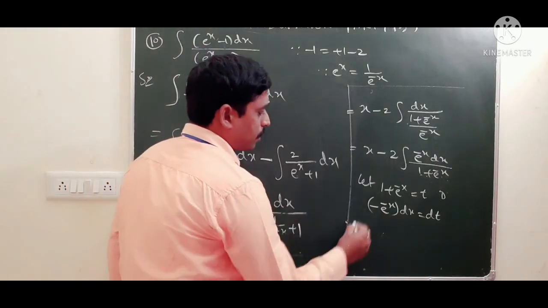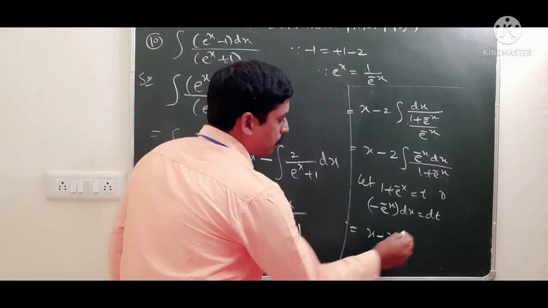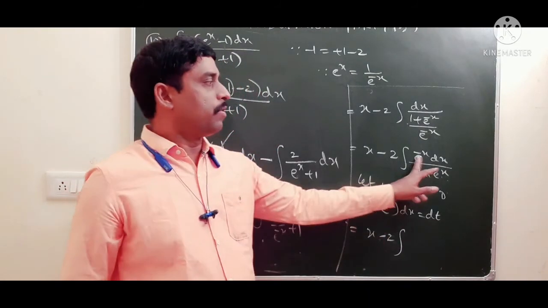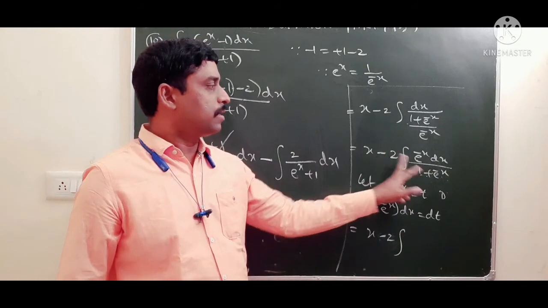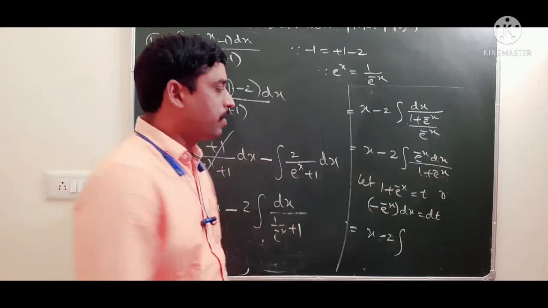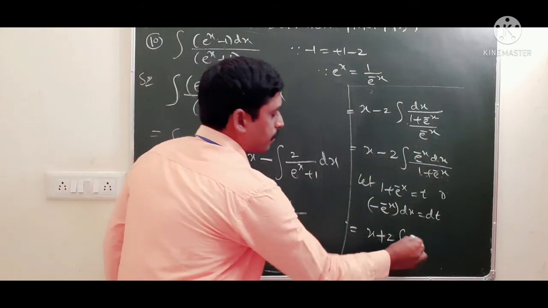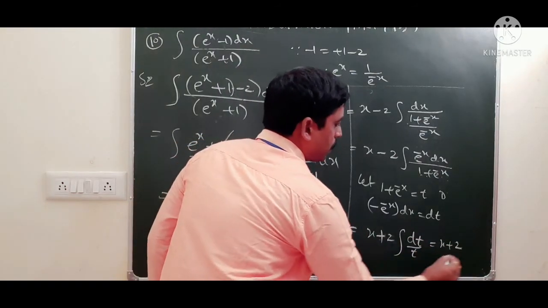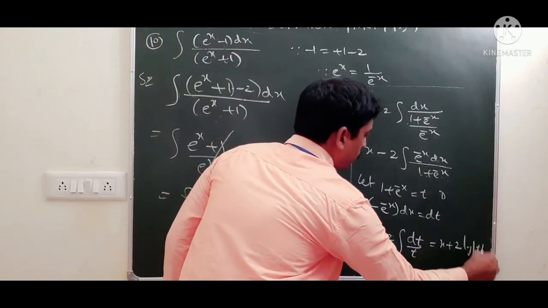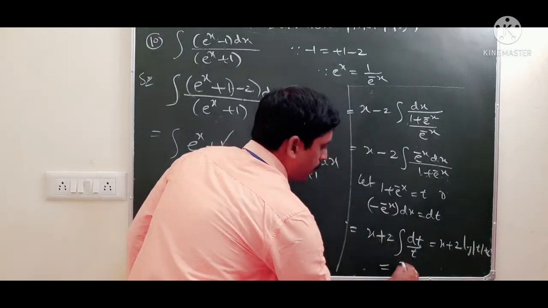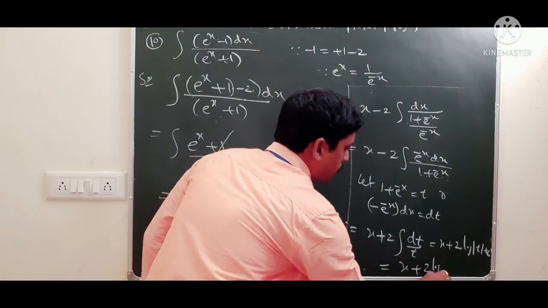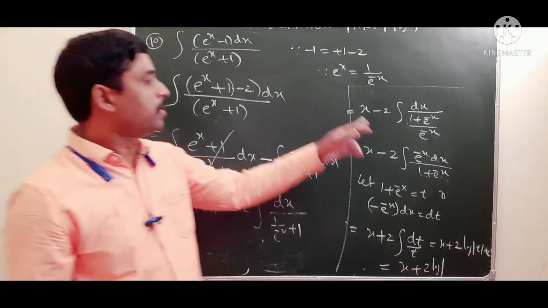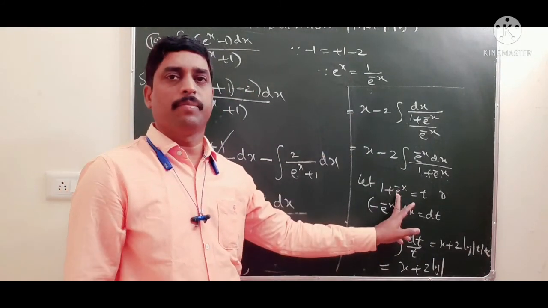Therefore x minus 2 times of e to the power minus x dx, minus e to the power minus x dx, this value will be plus dt, dt by t. So x plus 2 times of integral dt by t is log t. So this will be x plus 2 times of log, in the place of t we should write 1 plus e to the power minus x.